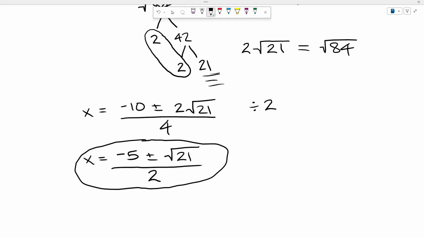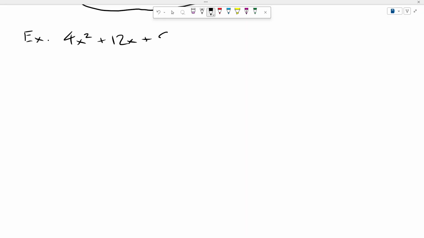All right, let's do another example using the quadratic. So we have 4x squared plus 12x plus 9 equals 0. So we're already in general form. So that's good. Ax squared plus bx plus c equals 0. So let's identify, we have our a, we have our b, and we have our c.